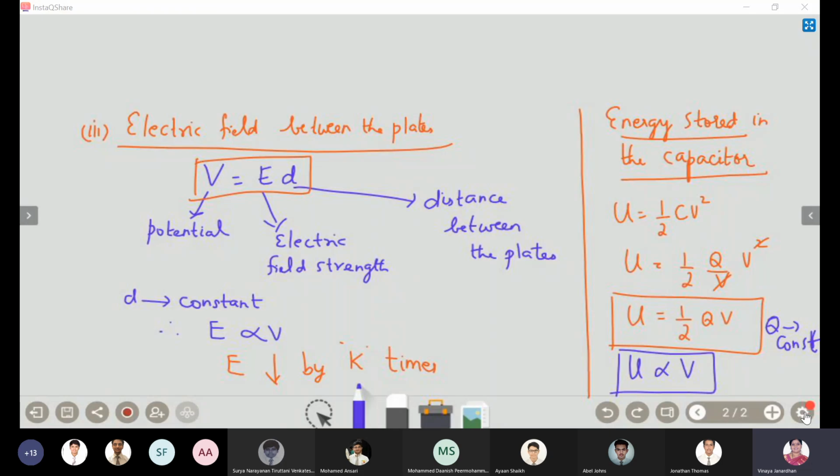Sir did Gauss's theorem before that, right? You haven't done the proof. It's a very small derivation. It's difficult? Okay, fine.